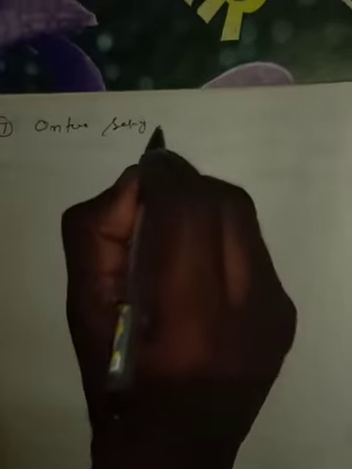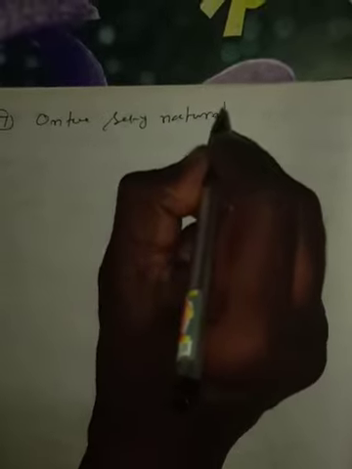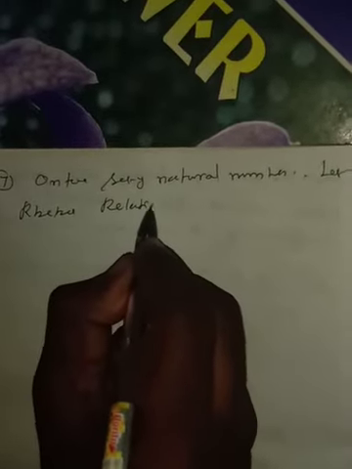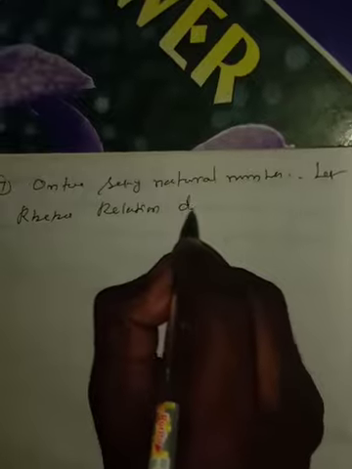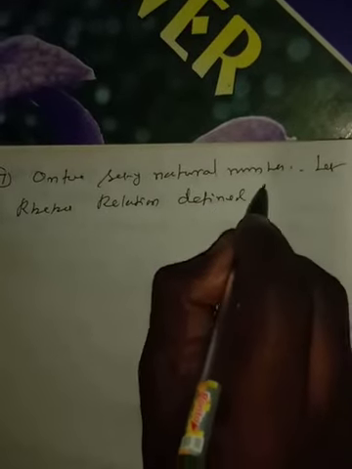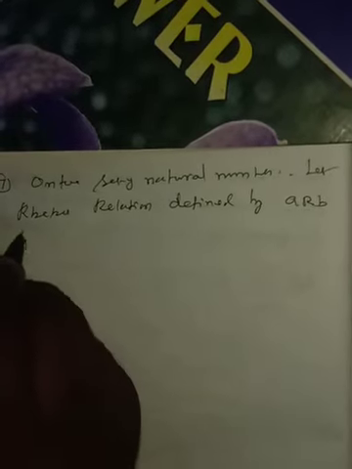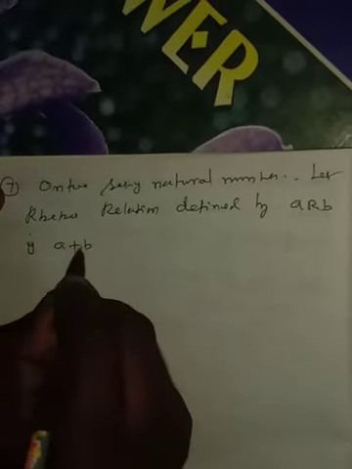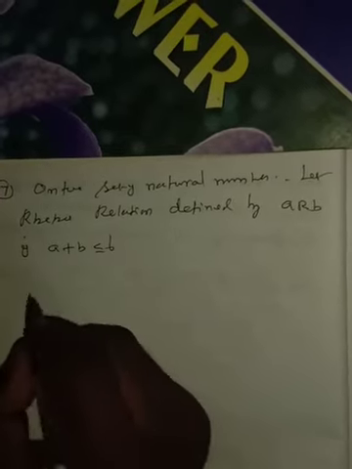On the set of natural numbers, let R be the relation defined by A relation B if the condition is A plus B less than or equal to 6.